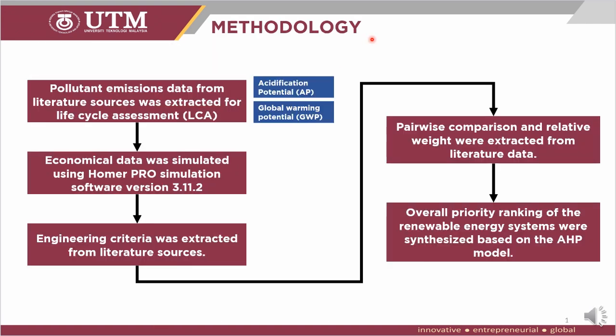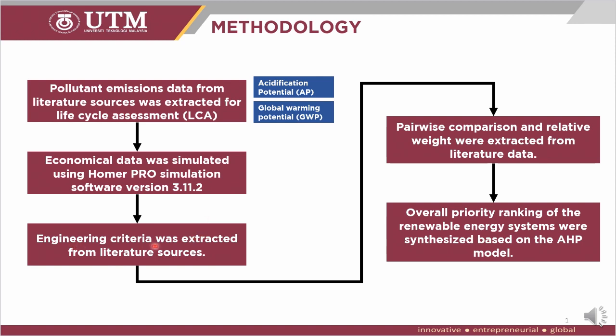So next we go to the methodology of the study. First of all, the pollutant emission data from literature sources were extracted for the life cycle assessment LCA data. From this, we will obtain two parameters, which are acidification potential and also global warming potential. Next, we go to the economical data, which will be simulated using HOMER Pro simulation software version 3.11.2 to obtain the economical score for each of the alternatives.